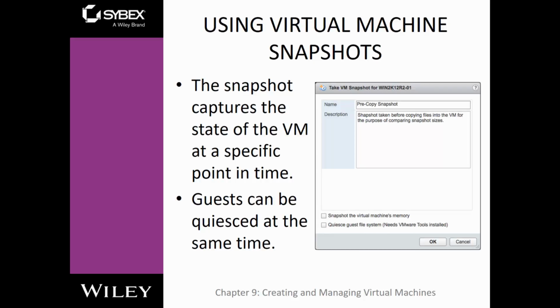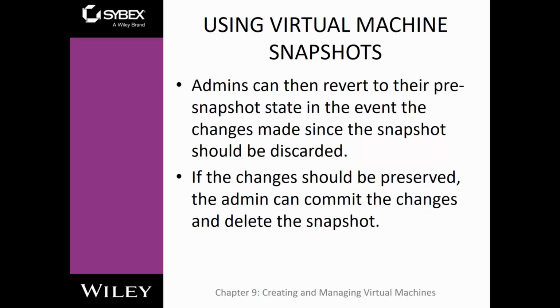Snapshots are a way to do soft backups, and guests can be queued or sequenced so that backups happen at regular intervals. Admins can revert to their pre-snapshot states just in case something happened. Basically, this allows you to take a snapshot and preserve changes so that if the admin wants to commit the changes, they can always go back and remove the snapshot and then no longer be able to revert to a previous state.